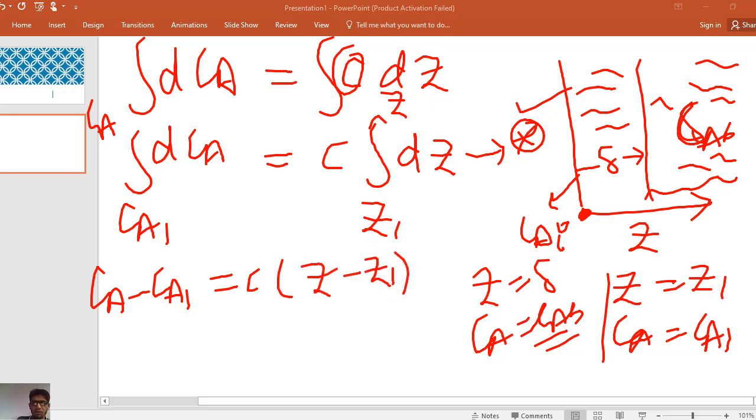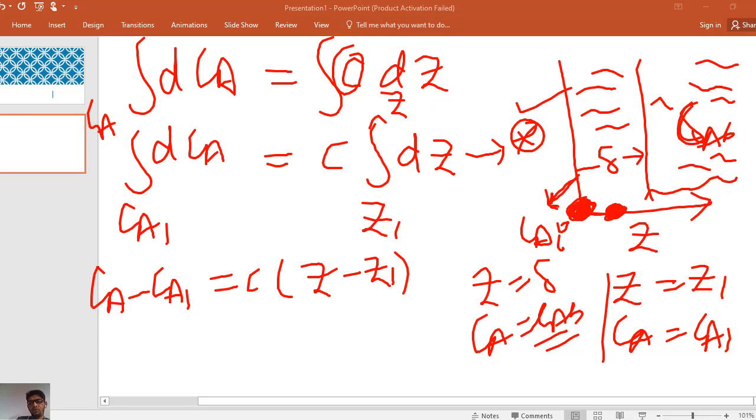Now when z1 is equal to 0, suppose this is z1. At first this was the z1 point. Now when z1 decreases to 0 at this position, when z comes to this position, then the concentration of A will come to CAI.